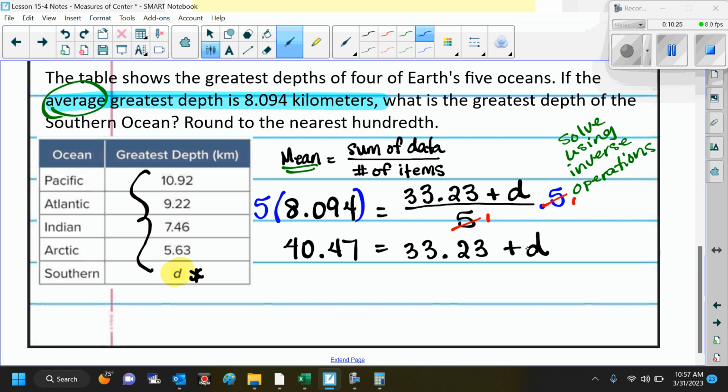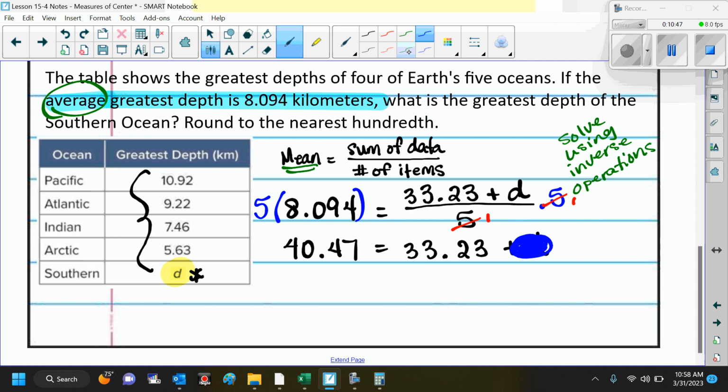So I'm going to cover up my D, including its sign. And what do I want to get rid of? I want to get rid of the 33.23. Now, because this is a positive 33.23, how am I going to get rid of it? Good.